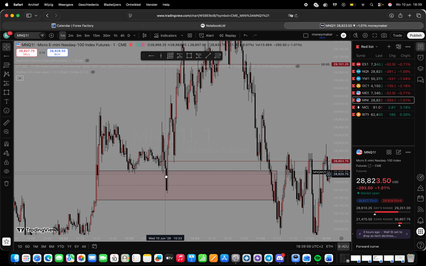So after we marked out our PD arrays to tap into and we watched our New York manipulation, we want to look for our 10 a.m. opening, aka 16:00 in the afternoon, and that was, I think, this candle right here.